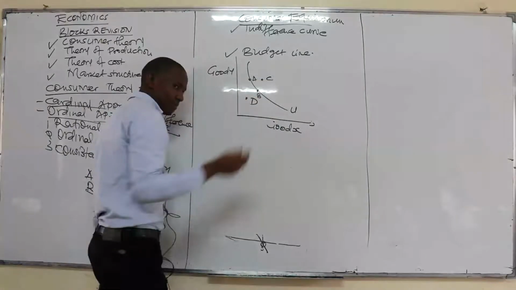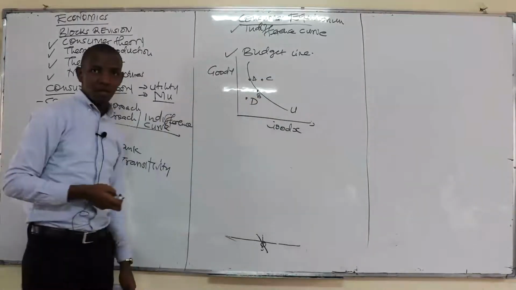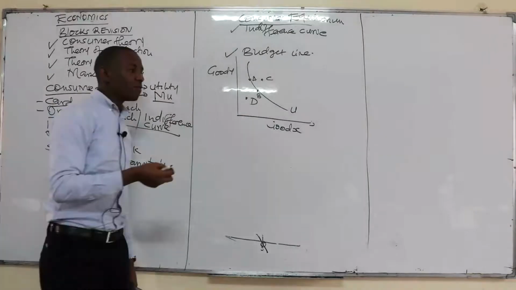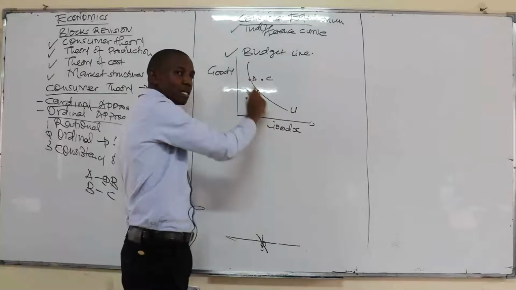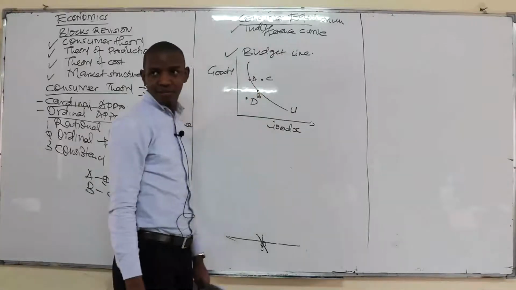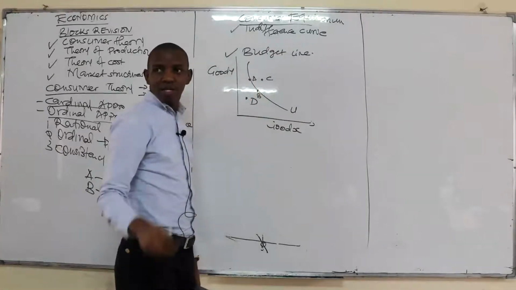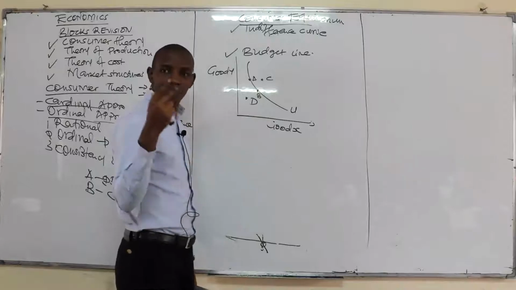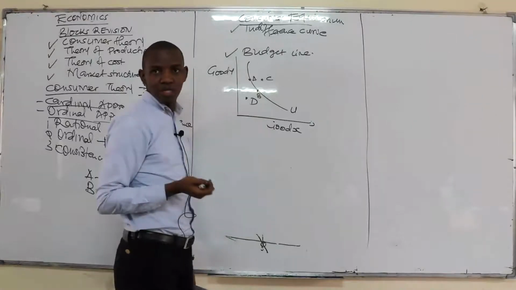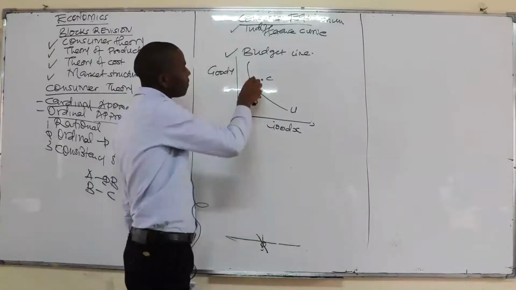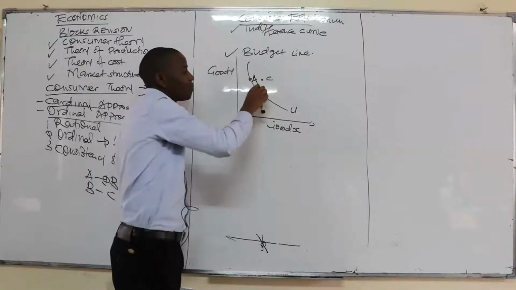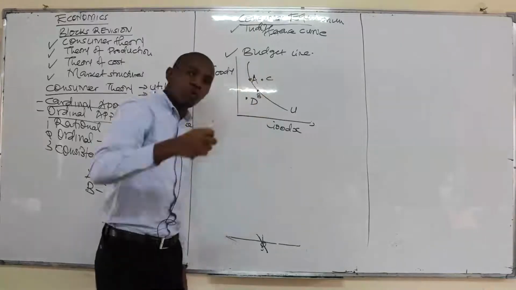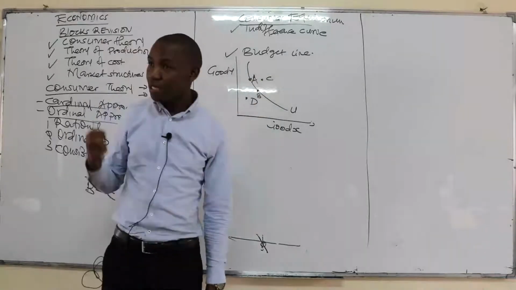Now, for the consumer to maximize his utility, he must be at that point on the indifference curve, consuming two goods that yield the same utility. So the maximum utility is attained at point A, and that is along the indifference curve.